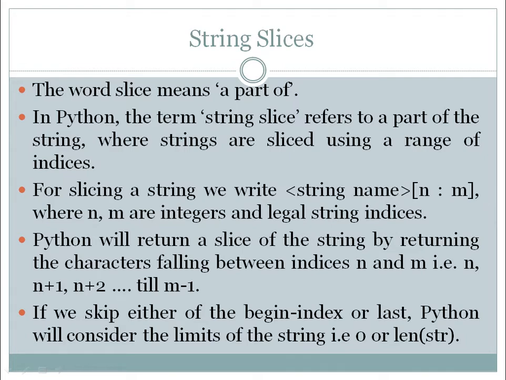Here, n and m are integers, and these are legal string indices. Python will return a slice of the string by returning the characters falling between the index n and m. Please note here m is not included.